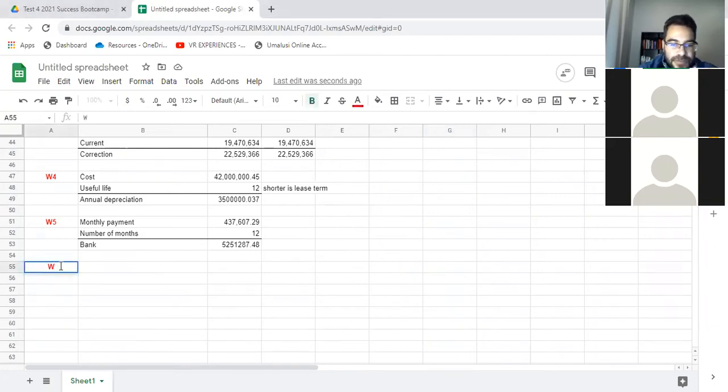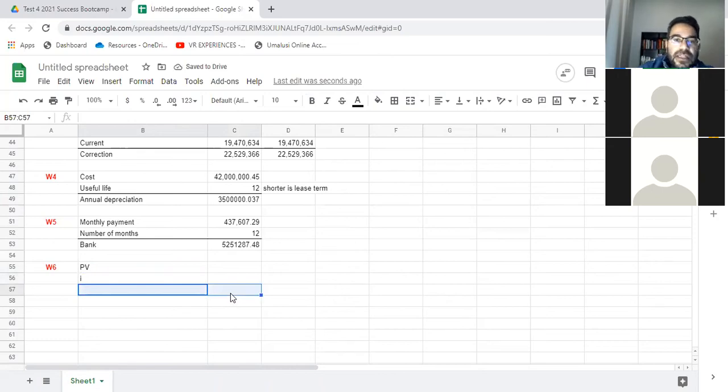Working 6. Interest expense is present value times I. So we're going to say present value times I, and that's going to give us our interest expense. Now remember, we're working out interest expense for the year ended 30th June 2019.